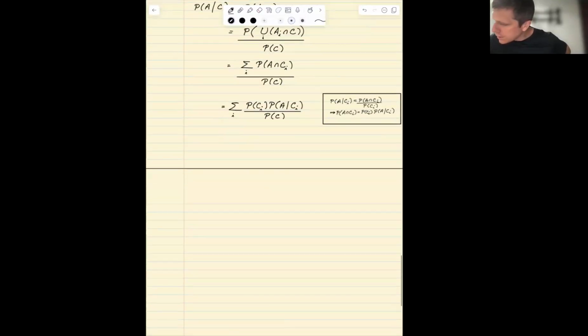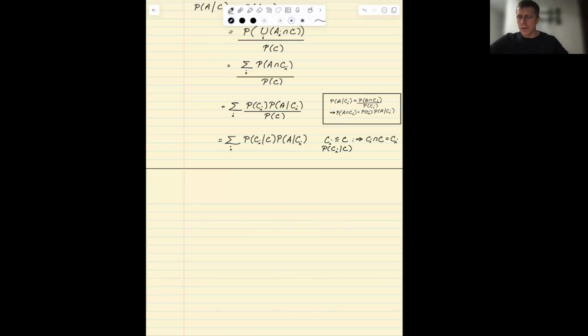We can go even one step further by realizing that this is the sum of the probability of Ci given C times the probability of A given Ci. Why? Because Ci is a subset of C, so Ci intersect C is Ci. The intersection of a subset with the bigger set is just the smaller set.